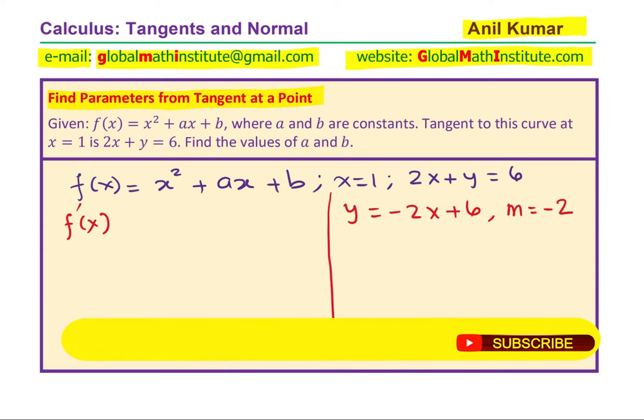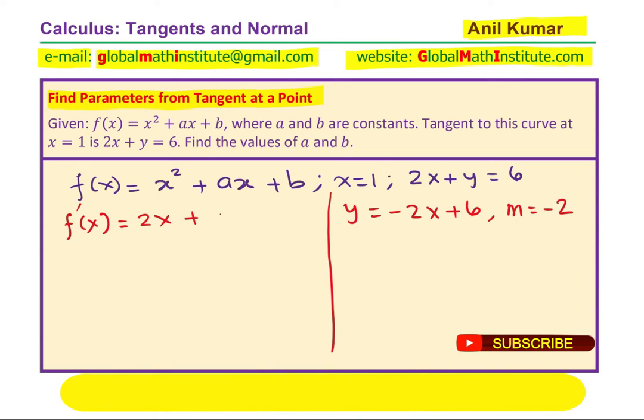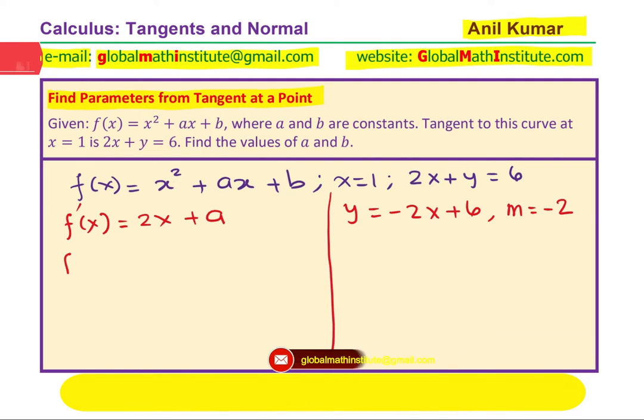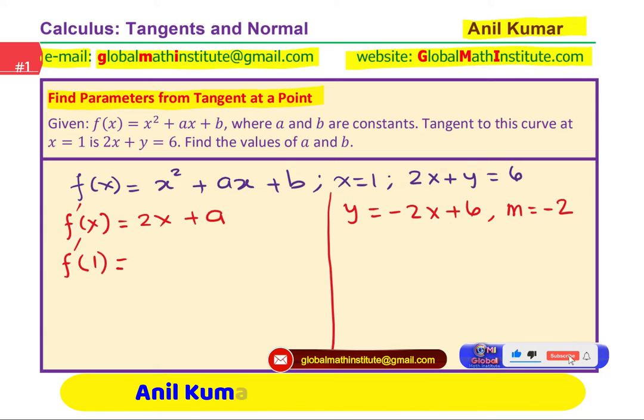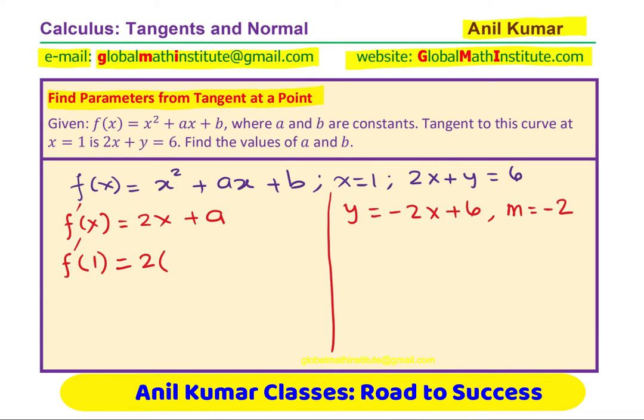So you can find the derivative here. We get 2x plus a. And this derivative at x equals 1 is equal to minus 2, which you can find by substituting x equals 1 here, right? And that is equal to minus 2. This is what we are saying.